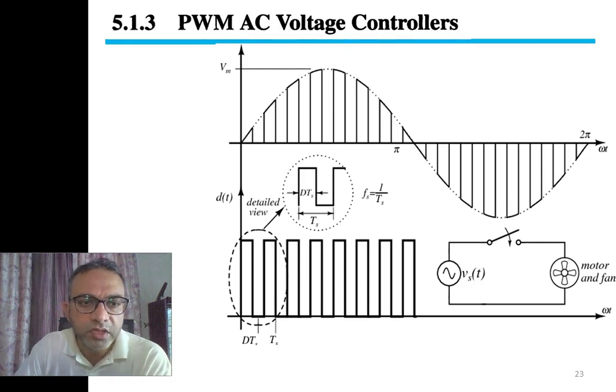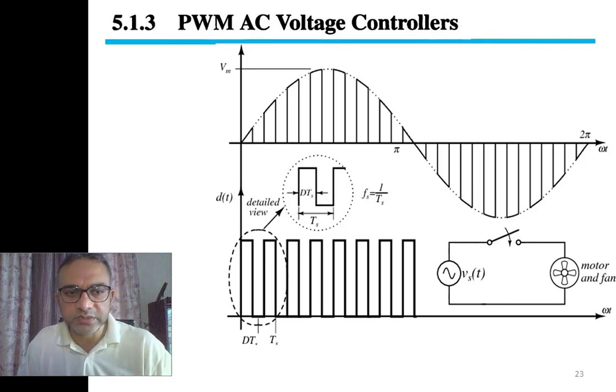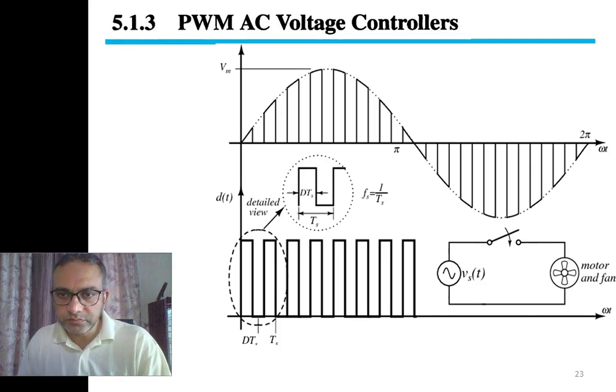The duty cycle is equal to the on time divided by the whole time period. Yes, time period, not duty cycle. Duty cycle is equal to on time divided by the time period.